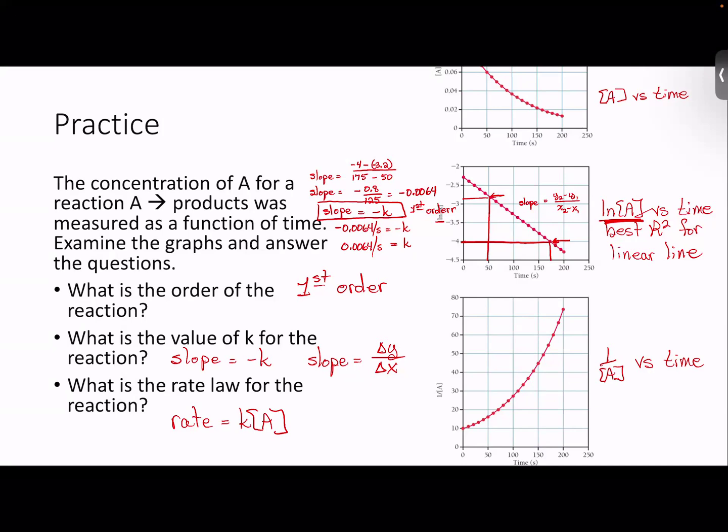I'll ask you to use the integrated rate law for the linear line and determine one of the pieces of information, given the rest of the information. And I'll ask you to do a half-life calculation based off of the integrated rate law.